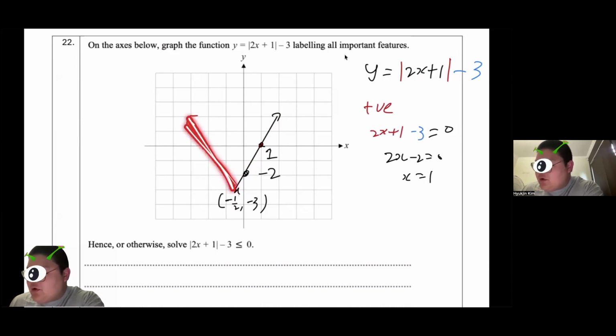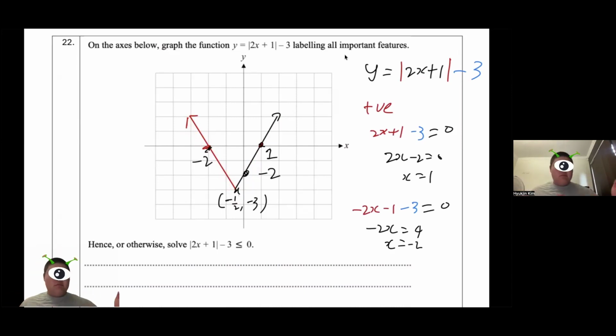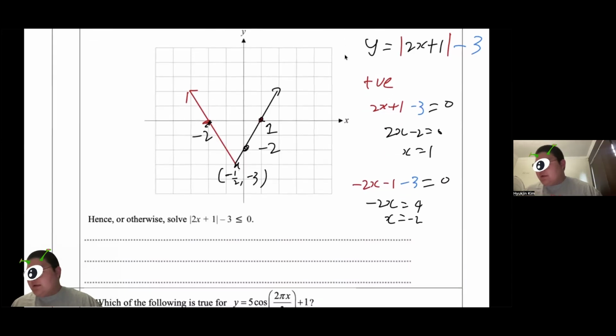And what about this negative version? I have the negative one, so I just do -2x minus 1, and then the -3, equals 0. So -2x equals 4, x equals -2, which we can also tell from the scale, but sometimes the graph might not give you the scale. Hence, or otherwise, solve for this to be less than or equal to 0.